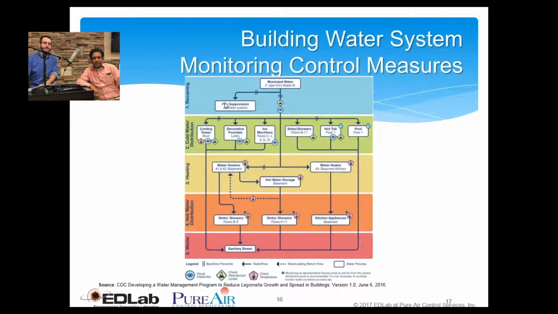Now the next slide is basically identifying how to monitor and control the chlorine. One of the things is that if you can maintain a certain chlorine level, then it is going to be an anti-Legionella kind of scenario. So there are ways you can monitor the control. For example, you can test the level of chlorine in water.